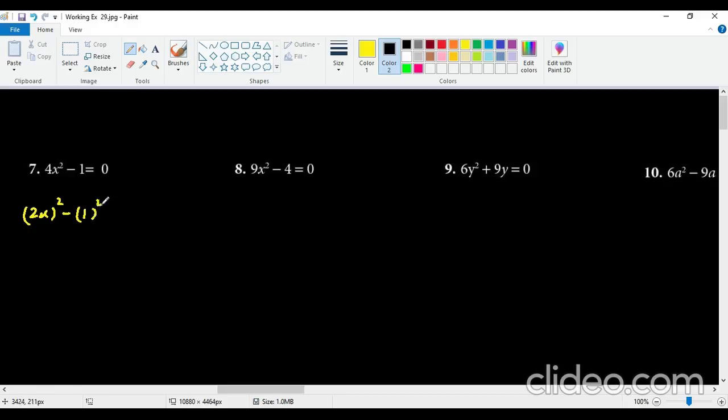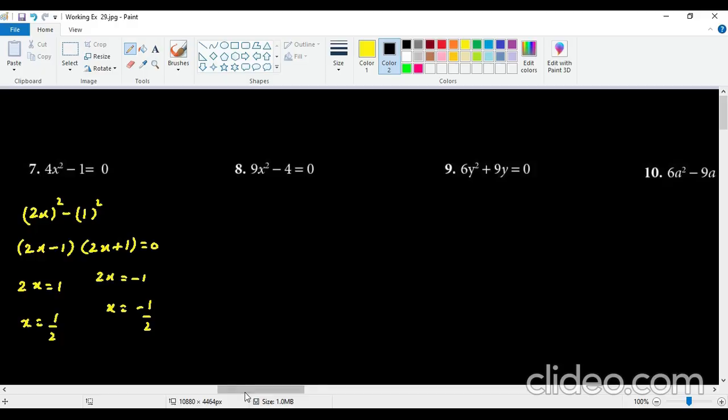So you can see it's a square minus b square. So I will write 2x minus 1 and 2x plus 1 equals 0. That means 2x equals 1 and x equals 1 over 2. In the second part, 2x equals negative 1 and x equals negative 1 over 2.